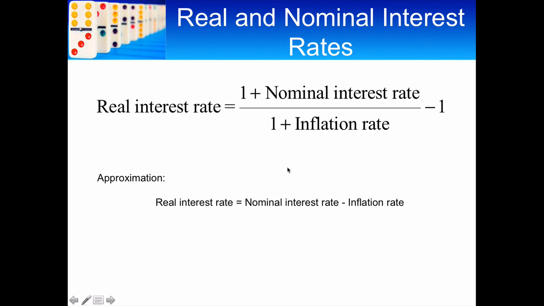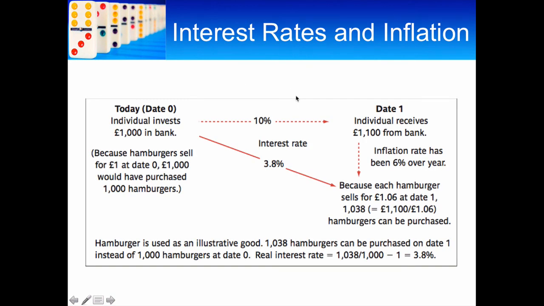If we were to go through the actual calculation, then you would find that the correct value would be 10%. So the nominal interest rate is 10%, the real interest rate is 3.8%, and the inflation rate is 6%.